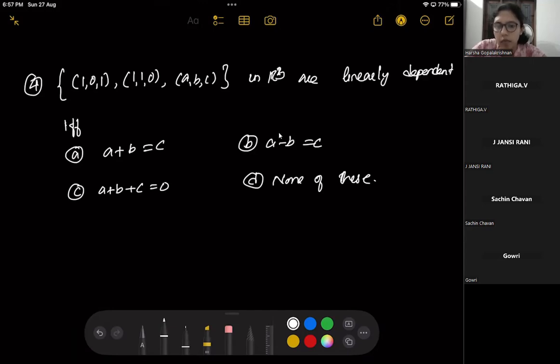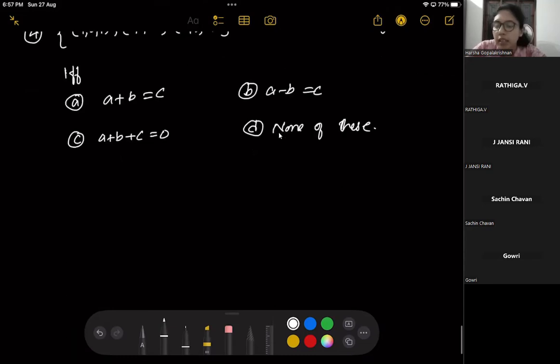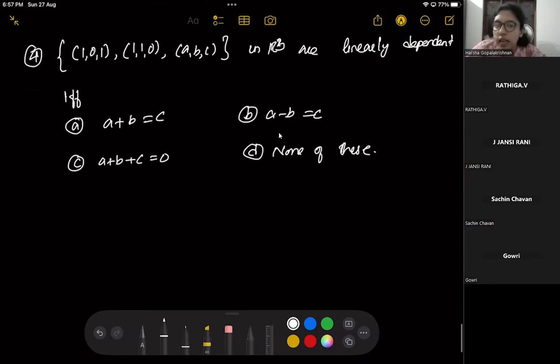What does linearly dependent mean? We should be able to write k1 times (1, 0, 1) plus k2 times (1, 1, 0) plus k3 times (a, b, c) equal to (0, 0, 0), such that at least one of the k is non-zero.